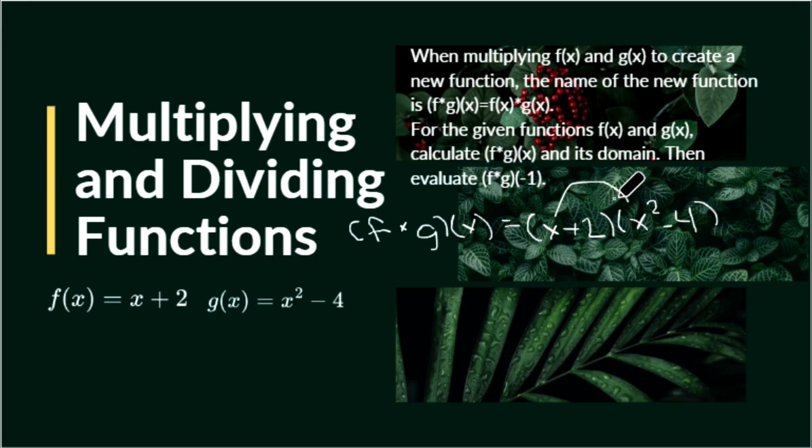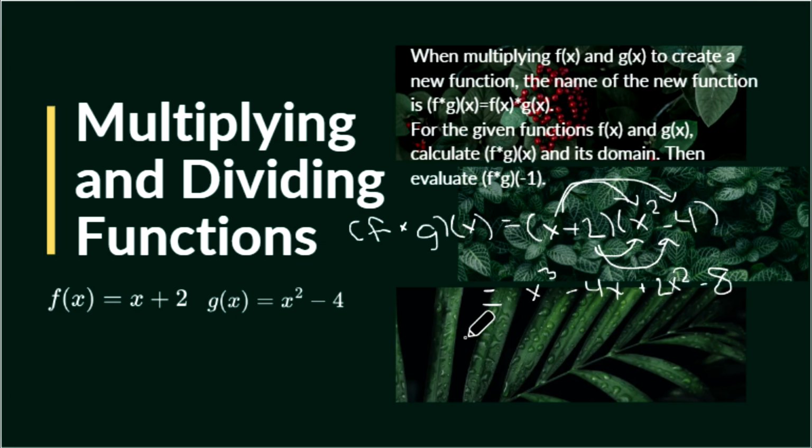So this gets multiplied by this and by this. And this gets multiplied by this and by this. Everybody wants attention, okay? So x times x squared is going to give us x cubed. And x times negative 4 is going to give us negative 4x. 2 times x squared is going to give us plus 2x squared. And 2 times negative 4 is going to give us negative 8.